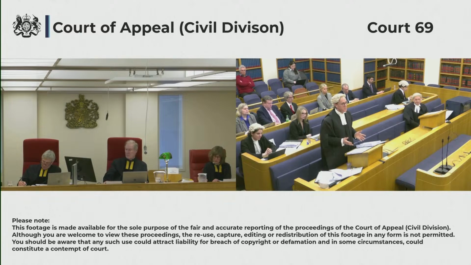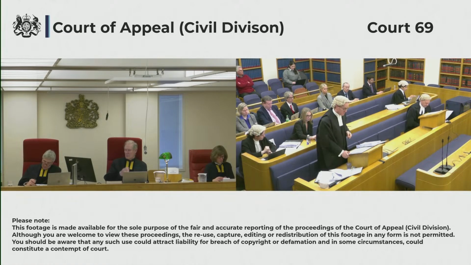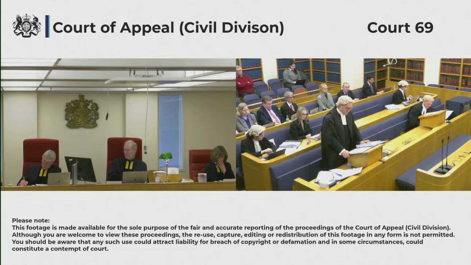I'm not saying, I don't need to say it's a million miles away, just that it is different. And that's further explained at 57, having rehearsed what the Upper Tribunal said. The Upper Tribunal correctly identified the purpose of 385 and correctly interpreted it as 385 is concerned with the person who actually received the distribution, and the person to whom that distribution belongs.